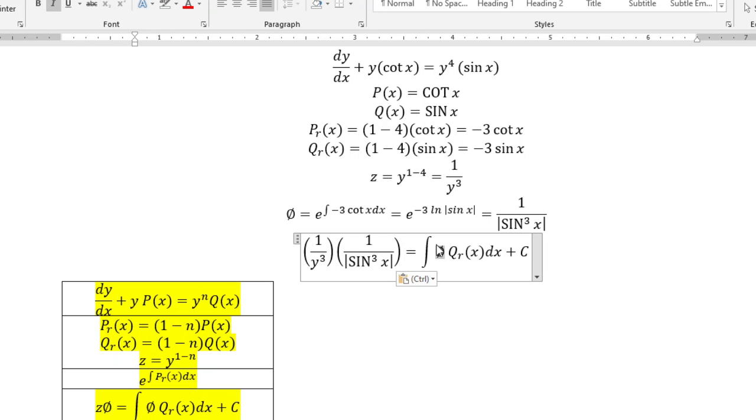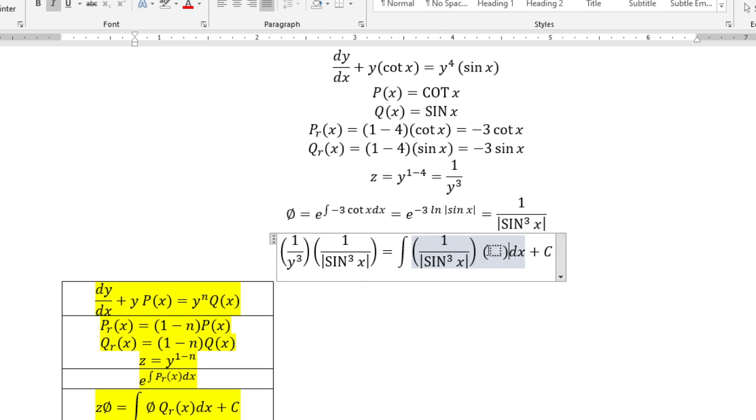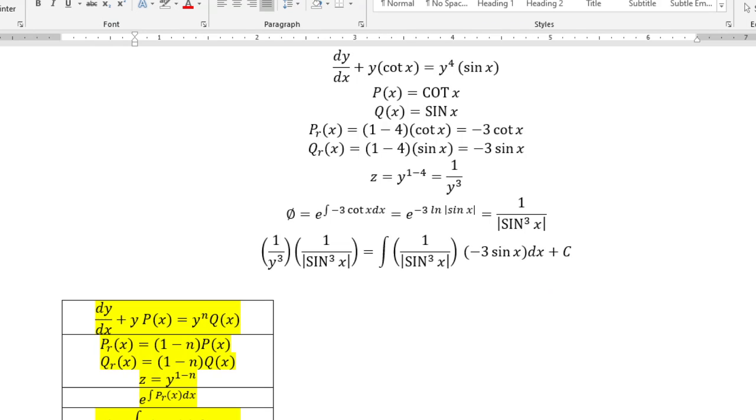Equal to P, ganun din. Reciprocal ni P. Multiplied by ang QR is negative 3 sine x dx plus c. So, yan yung equation natin. Tama.